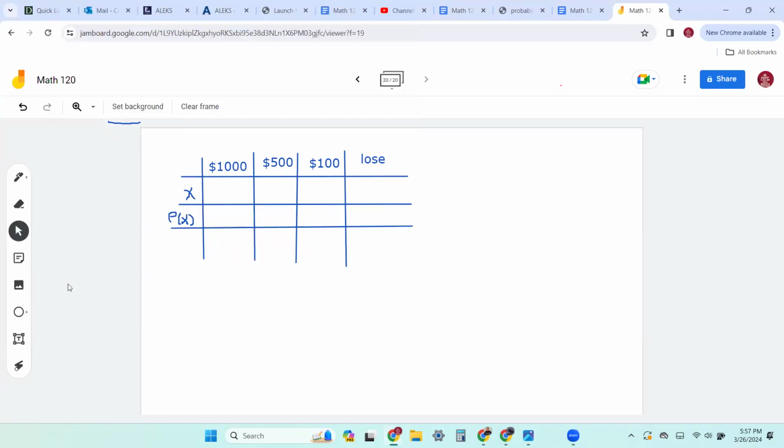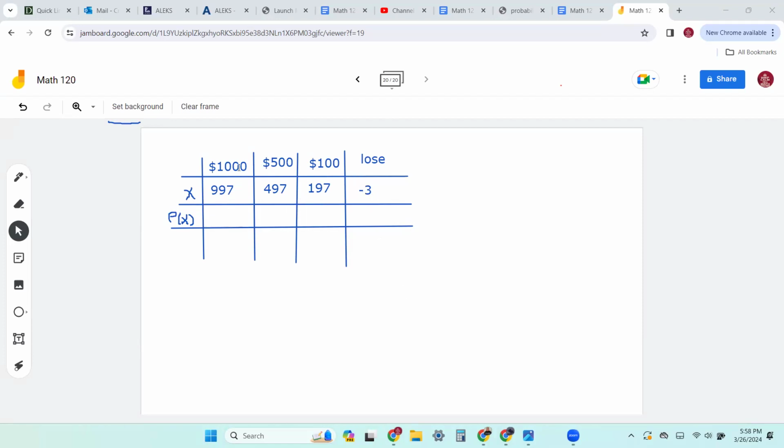So this is going to be 1,000 minus 3, so that's 997, right? Yes. Okay, so this one would be 497. This one will be 197. And this one is just going to be -3, because whether you win or lose, that -3 is being calculated there.